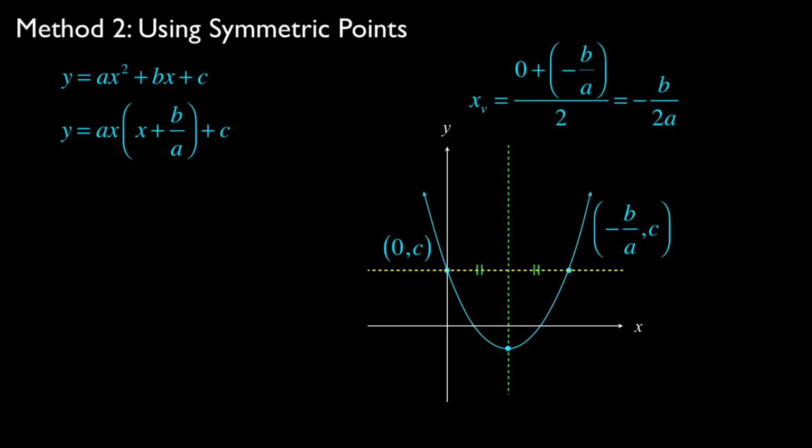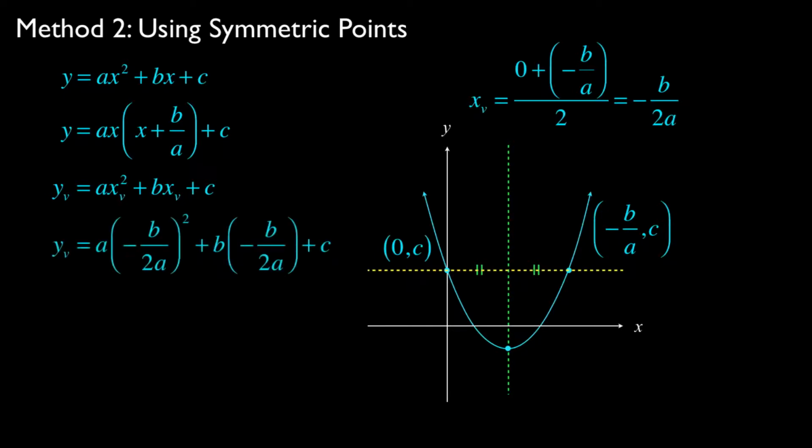Now, to get the y-coordinate of the vertex, I can do a little bit of heavier algebra here, but I think you'll follow this. Just to be different, I'm going to take my original equation and substitute in for xv. I get yv is equal to a times (negative b over 2a) all squared, plus b times negative b over 2a, plus c.